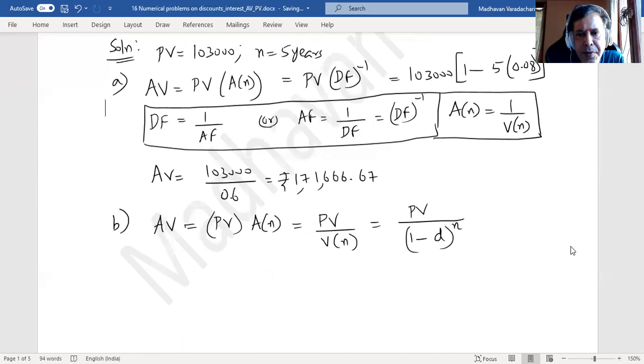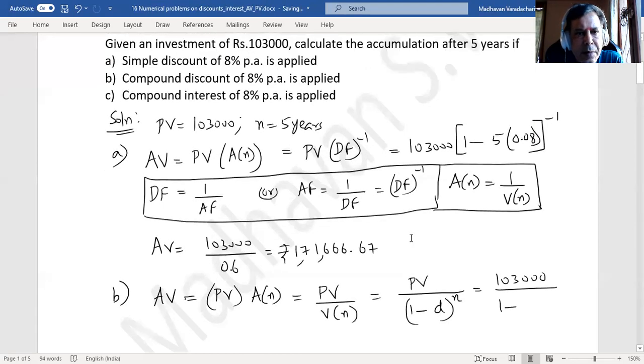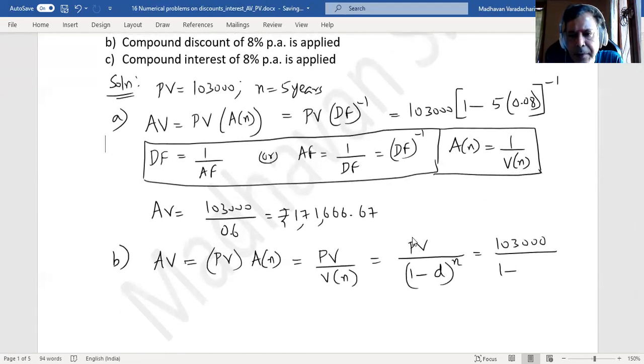Now let us substitute the values: 103,000 divided by 1 minus the discount, 8%, to the power of 5 years. Let's calculate that.